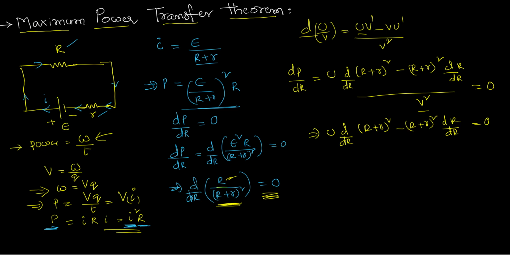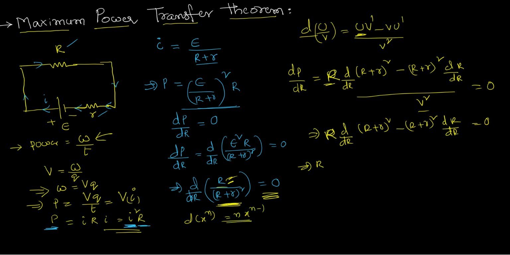So let us simplify this further. In the place of U, I have missed one small thing here. What is U? This is R. So in the place of U, actually I have to write R. Yes. Differentiation of x power n, we know this, is n into x power n minus 1.